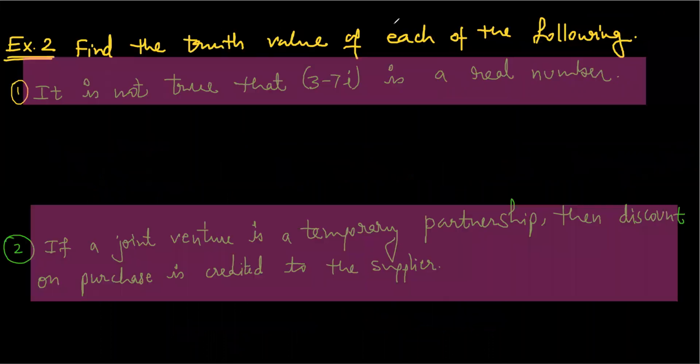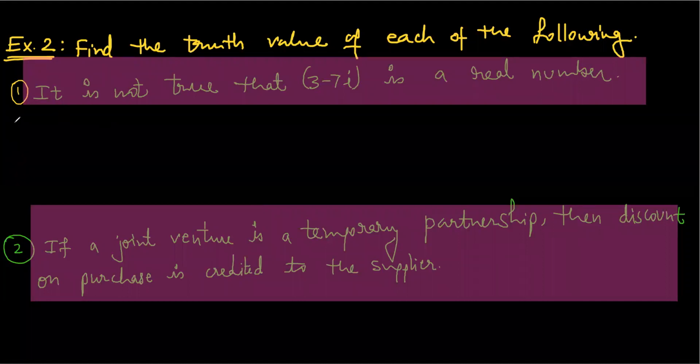Let's solve a few problems, students. Here the question says, find the truth value of each of the following. So here I have two questions. We have to write the truth value of these two statements. And remember, these two statements are compound statements.